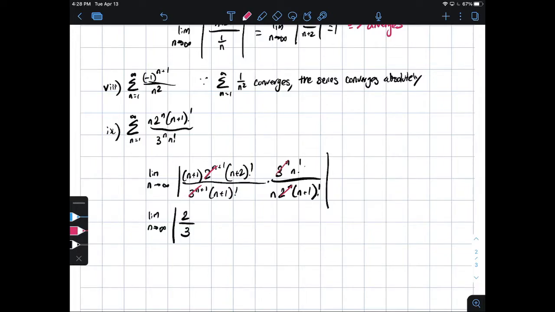We have an n factorial and an n plus 1 factorial, so we're going to have n plus 1 down here, and an n plus 2 up here. And then we have an n and an n plus 1, so we're going to have n plus 1 over n. That should be correct.